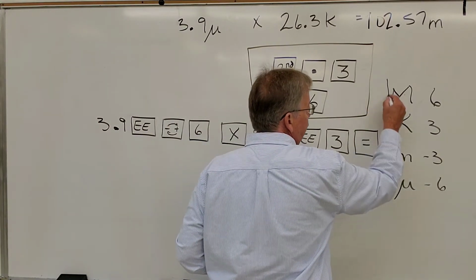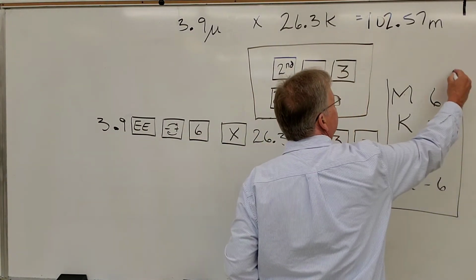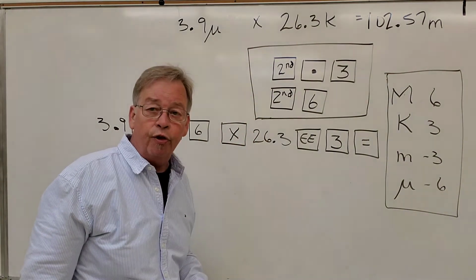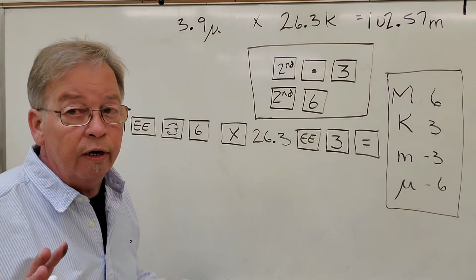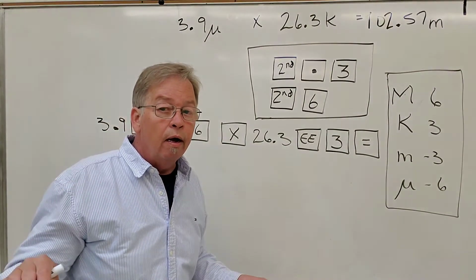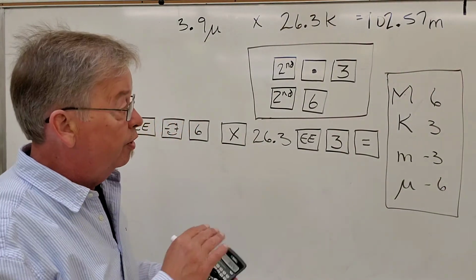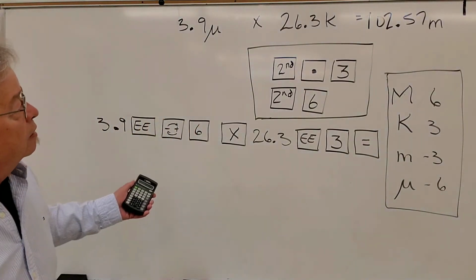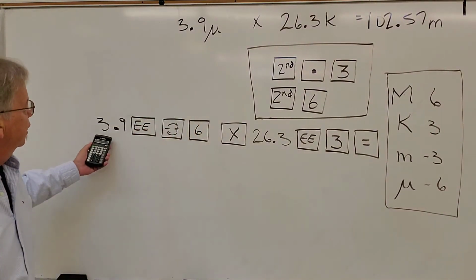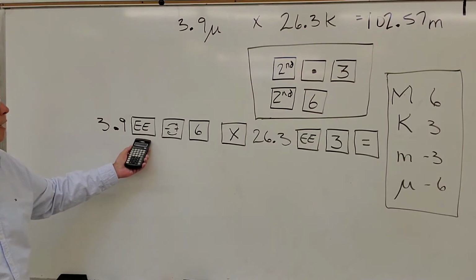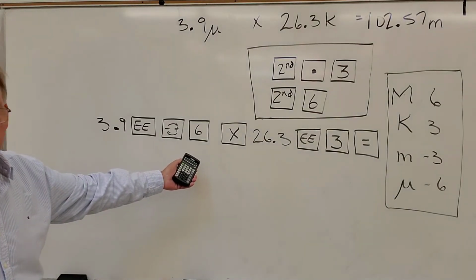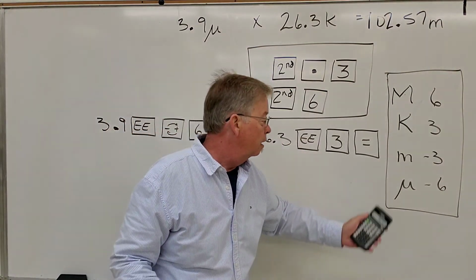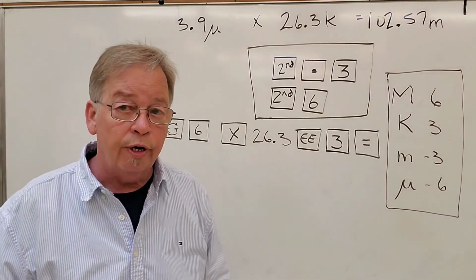Make sure that you know your exponents and metric prefixes, at least the ones in the center for now. I'm not saying we're never going to go into the giga, tera, nano, pico area, but these are the ones we use most, okay? And so to enter this equation, again, 3.9 EE negative 6 for my micro times 26.3, enter exponent 3 for kilo.